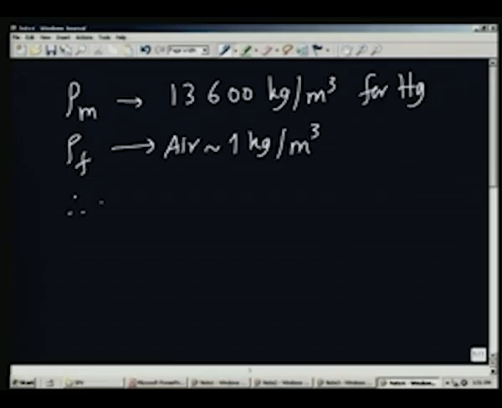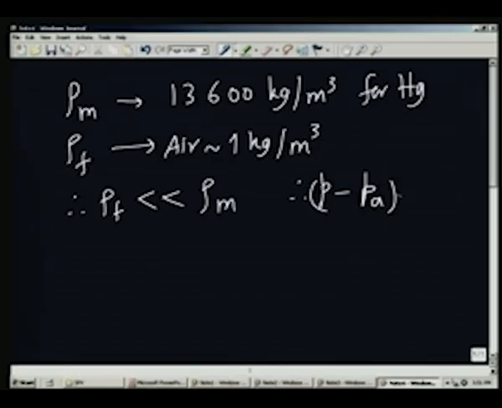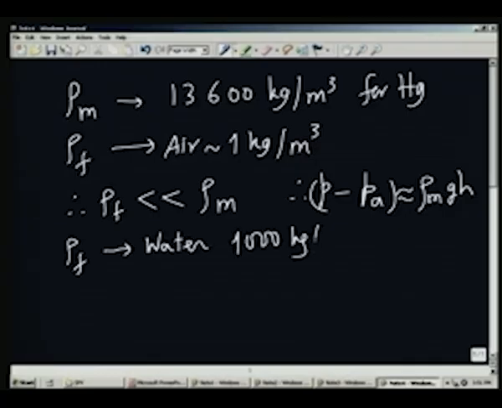Therefore, rho f is very small compared to rho m, and therefore, P minus P A I can approximate as rho m G H. Suppose I am measuring in water, rho f for water is about 1000 kg per meter cube.